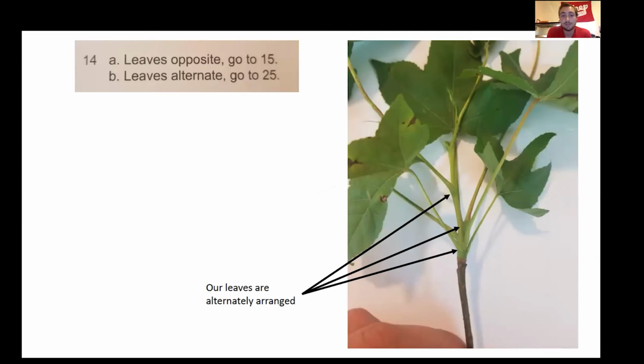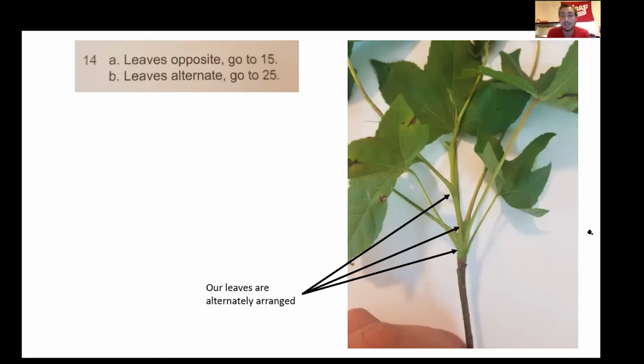This next couplet is asking if it's opposite or alternate. Always the first feature you look for in deciduous broadleaf trees or hollies, which are not deciduous. Our leaves, as we see here, are alternately arranged. They do not have another leaf right opposite of them at that node.